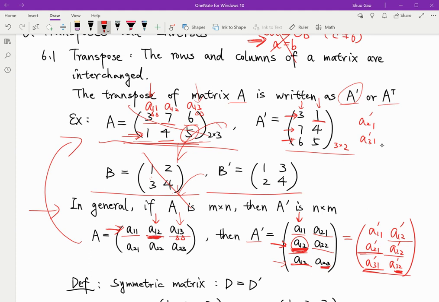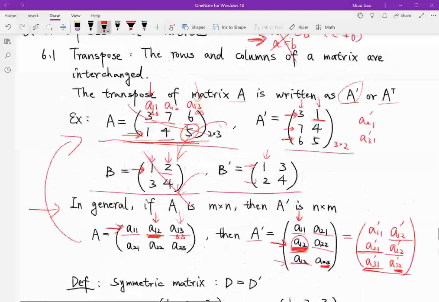This is in the first row, first column, and when we transpose it, it's still in the first row, first column. And 2 is in the first row and second column. When I transpose that, it becomes the second row and the first column. We interchange the position of the rows and columns.